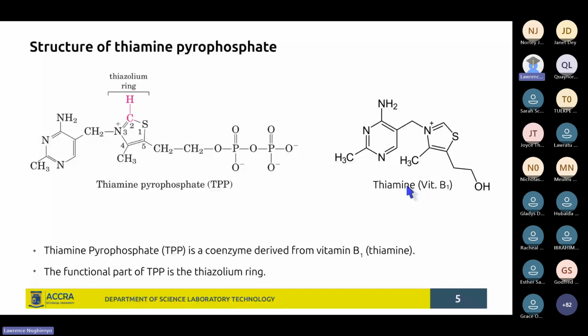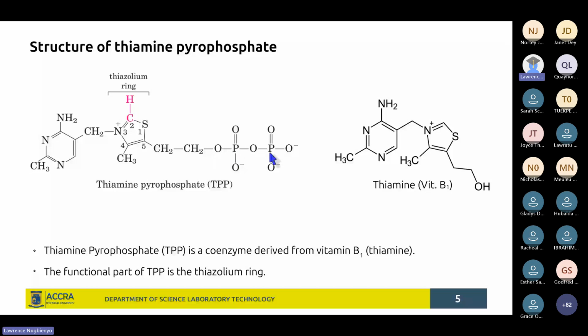If you look at the structure and compare it to the structure on the left-hand side, what we are calling thiamine pyrophosphate, and I just mentioned that pyrophosphate means diphosphate. Sometimes you see biphosphate. It only means two phosphate groups. So we can see clearly two phosphate groups on that molecule, the thiamine pyrophosphate.